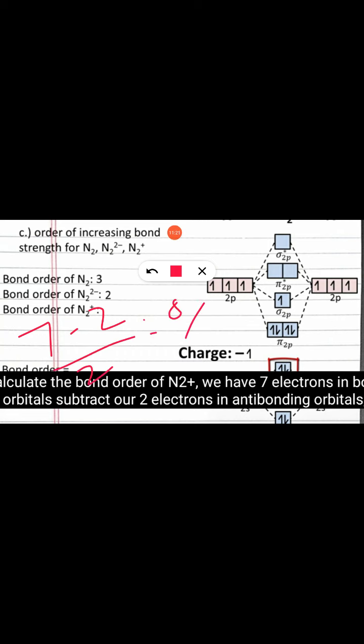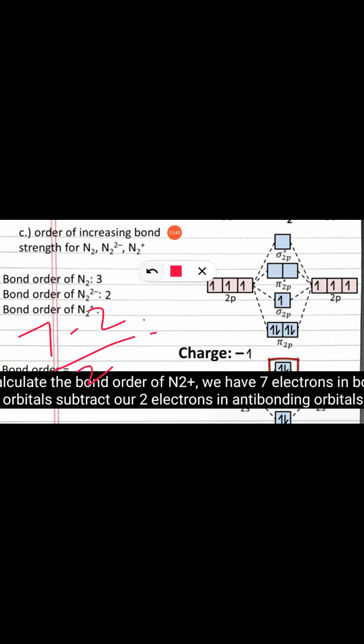That is equal to 5 by 2, which is 2.5. Hence the bond order of N2 plus is 2.5, and because it contains 1 unpaired electron, it is paramagnetic. So paramagnetic because of the unpaired electron, and hence we calculate the bond order of the respective species.